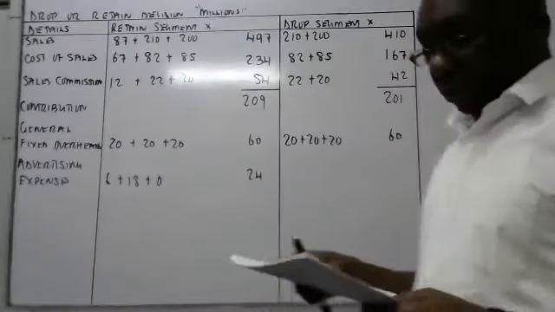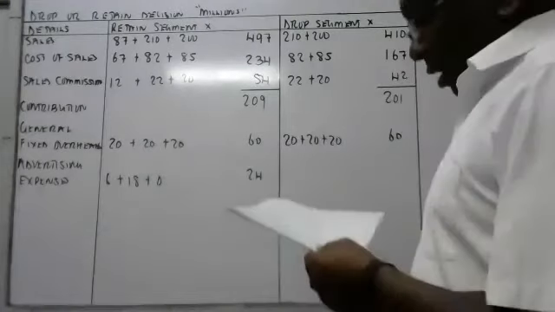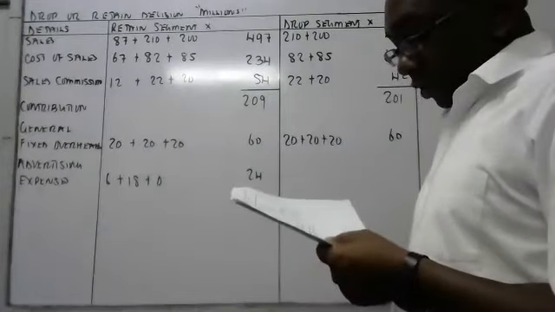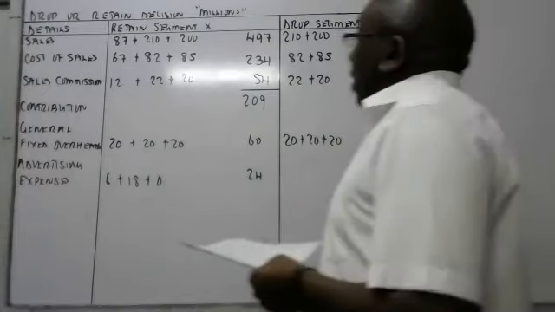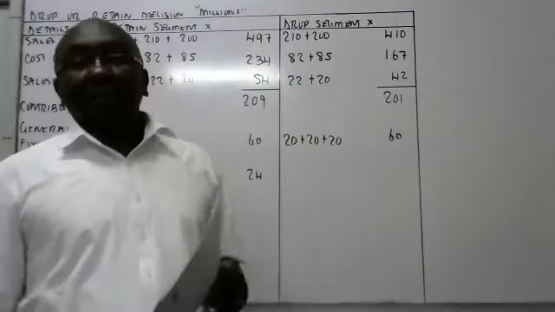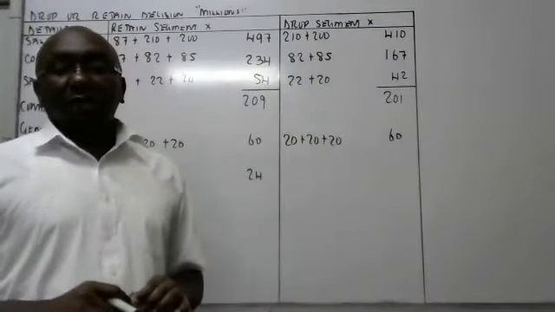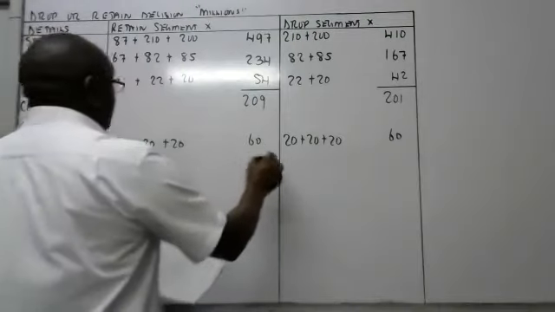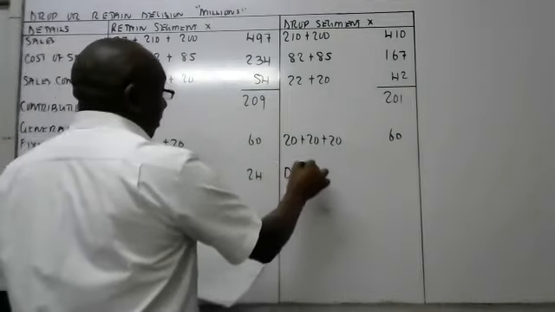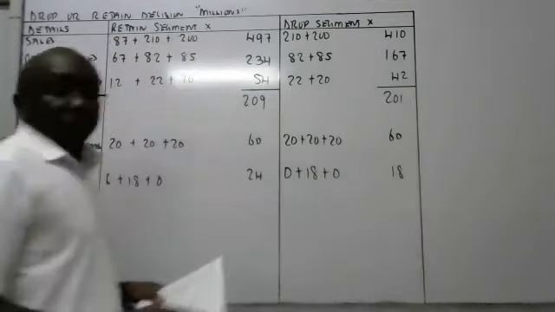Now, according to information 2, the advertising expenses are specific. When we say they are specific, that means when that department is not there, that cost will not be there. So here we will just have 0 plus 18 plus 0, and that will be 18.